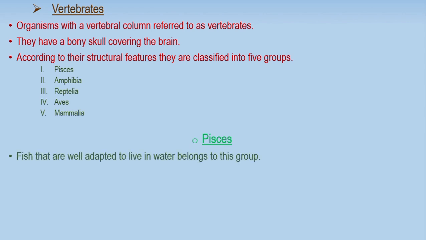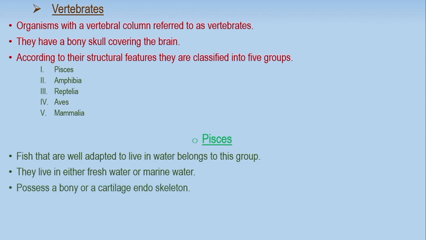Pisces means the fish group. All the fish live in water, those who live in water belong to this group, right? And they live either in fresh water or marine water, right? And they have an endoskeleton.